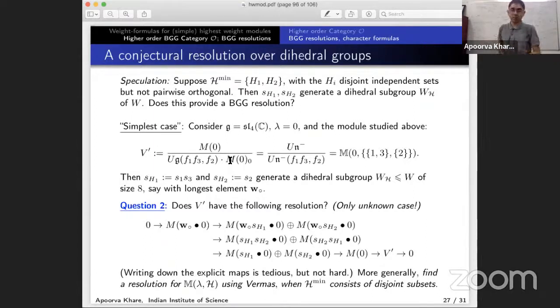But what about this one? It's a second order Verma module. There's a second order hole in it. What does that go to on the flag variety side? What is the counterpart in geometry, from which maybe one can deduce this resolution for SL4 and more generally for general semisimple groups?